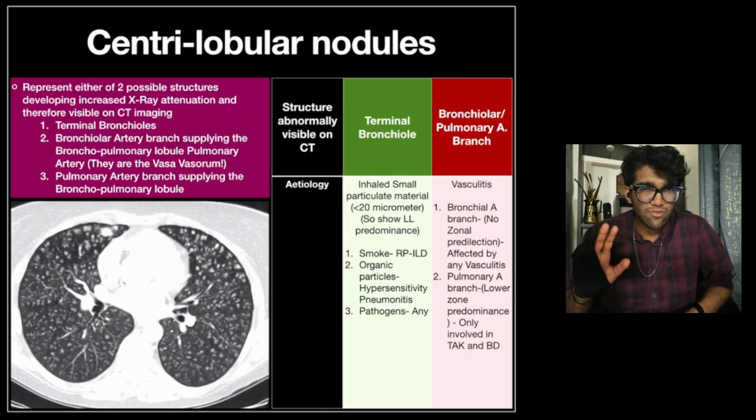Pulmonary vasculitis in isolation is a very rare thing. It happens only with two diseases, that is Takayasu arteritis and Behçet's disease, and those are themselves quite rare. Takayasu is not that rare in India, but it's rare outside of the subcontinent and outside of South Asia and Southeast Asia.